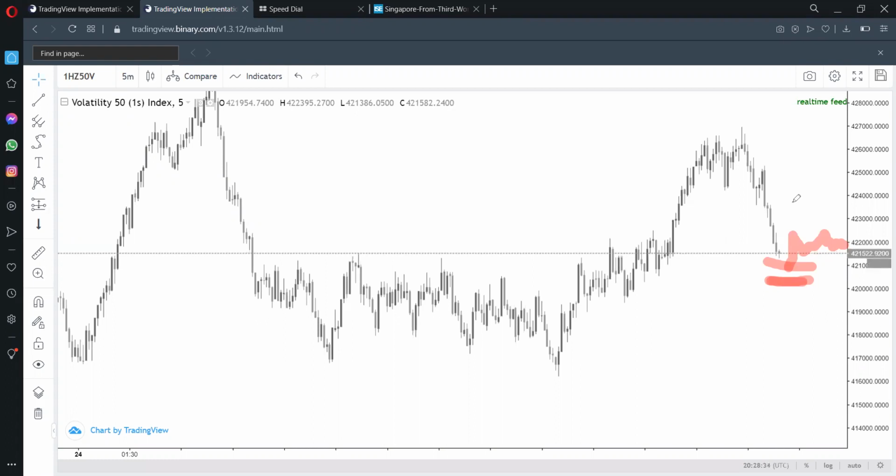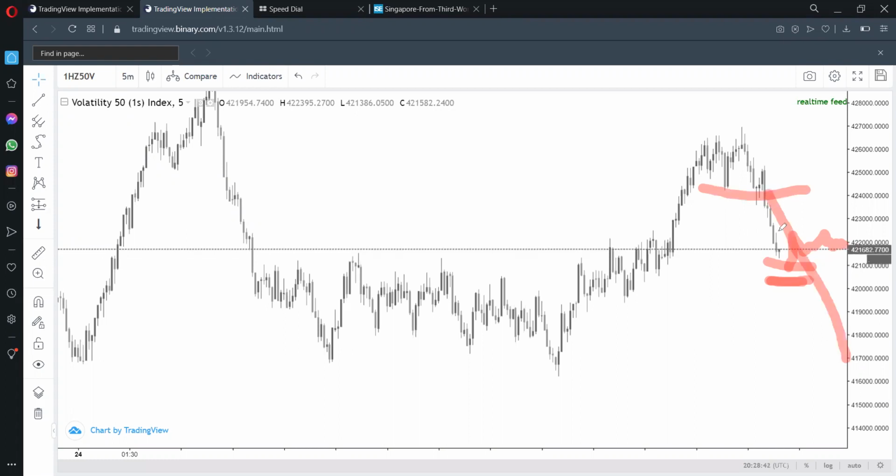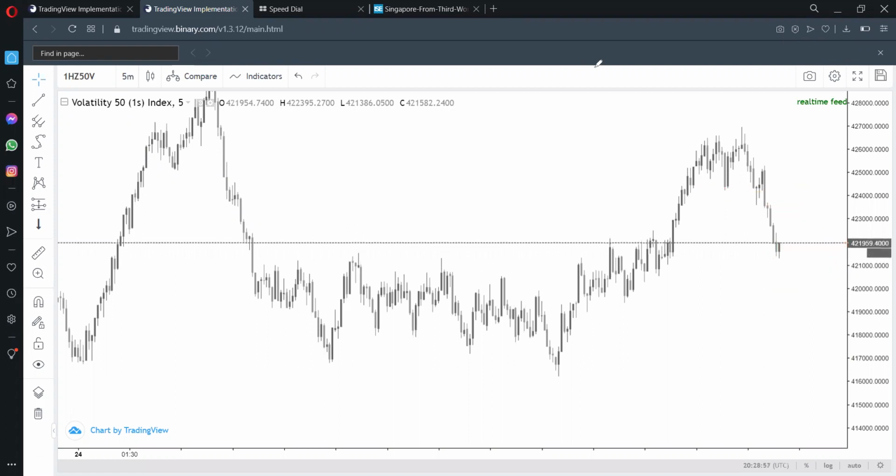So recently, this price is a nice opportunity to buy. If price hits here, it's a nice opportunity to sell, because the price has hit a very strong support level. And now price is forming higher highs and higher lows. So we're expecting price to come back here and start rejecting to the downside. I hope it's clear to you all.